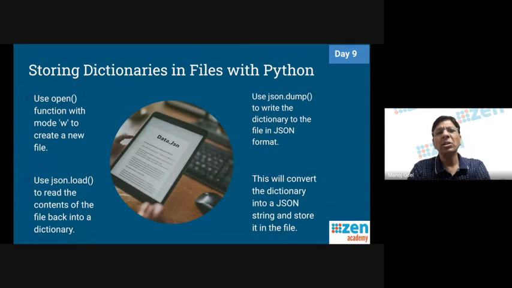So here you will have the JSON.dump method, and you will specify the object that you want to write. Okay. Use JSON.load to read back the contents of the file back into the dictionary. Okay. And this will convert the dictionary into a JSON string and store it in a file.